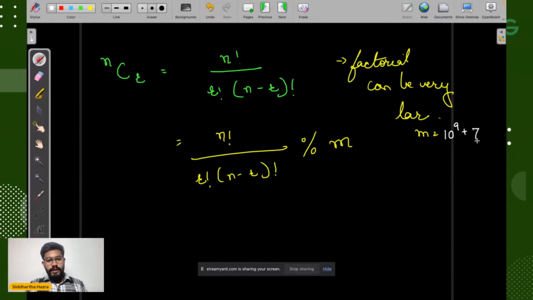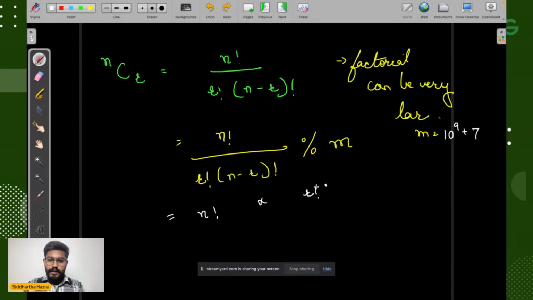Modulo can't be directly applied here. So the formula would be n factorial modulo m, multiplied by r factorial modulo m.